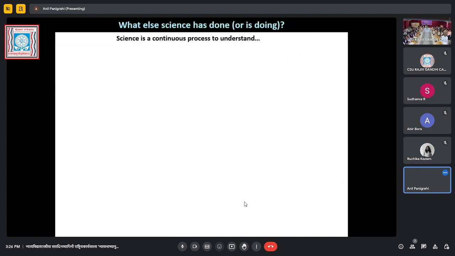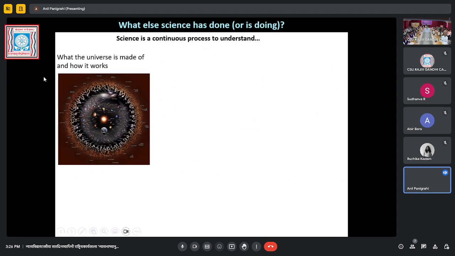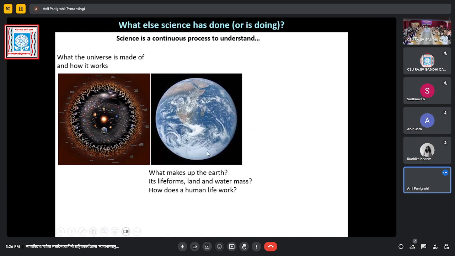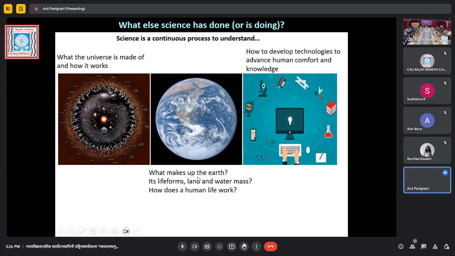Now, what else has science done for us? Science has mapped the universe, and is still trying to. Science has also understood how the earth works, what the earth is made up of, its life forms, its land and water mass, how the land moves, how the water moves in cycles, plate tectonics, plus how human life works.